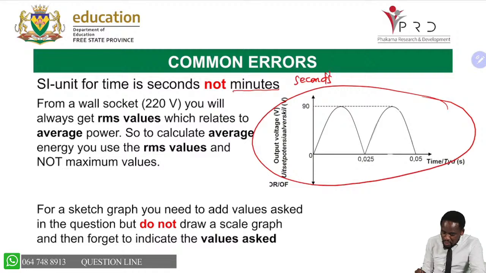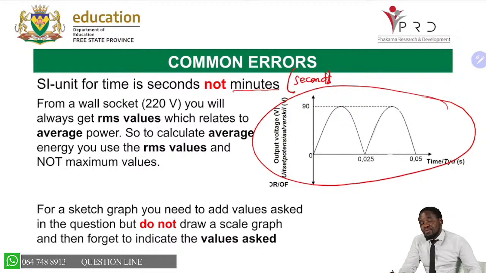And one would ask, how long is a unit of time? If we talk of a unit, we're talking about one. So if we talk about the number of cycles per unit time, we're talking about how many complete revolutions there are on the coil in 1 second. That's very important to understand.